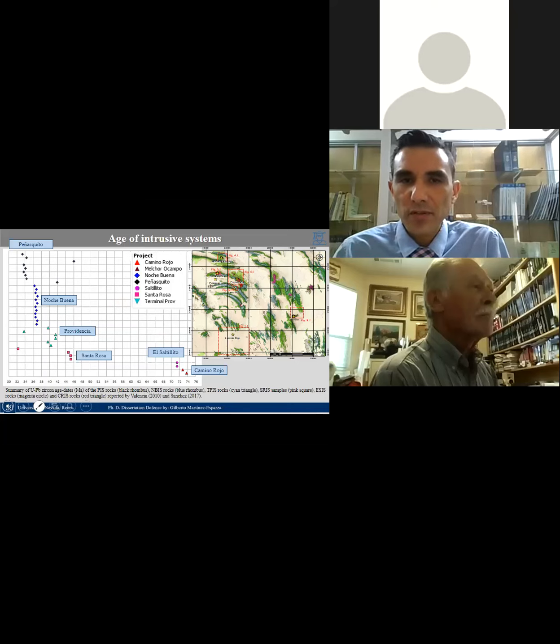Commonly in the eastern portion of the study area, we have the late Mesozoic intrusions, and Sánchez 2017 performed uranium-lead dates for the Camino Rojo intrusive, about 73 Ma, whereas for Saltillito, Valencia obtained 71 Ma for this intrusion.